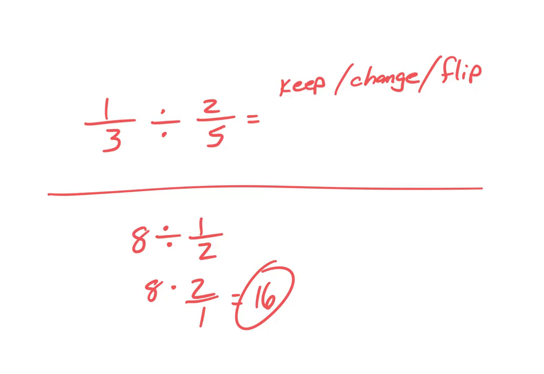Okay, we're not really solving an equation. We're just multiplying or dividing by a fraction. We're going to keep the first fraction the same, 1/3. We're going to change the sign from division into multiplication. And we're going to flip the second fraction. Keep, change, flip.